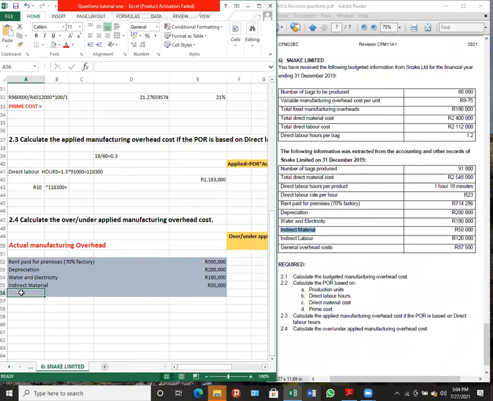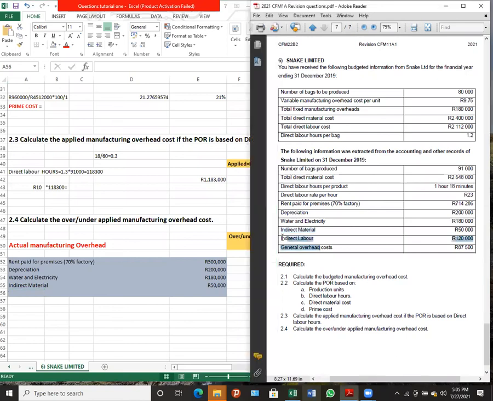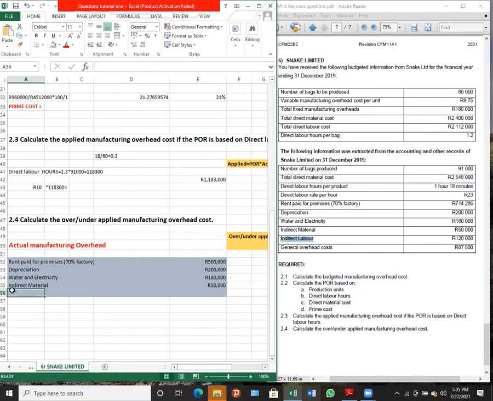Here we are not going to include general overhead, because general overhead is just general labor who work in the factory. Sometimes they work everywhere, guys. That is why here we don't include the general overhead. But sometimes they can say a certain percentage of general overhead is for factory. Are we together, guys?